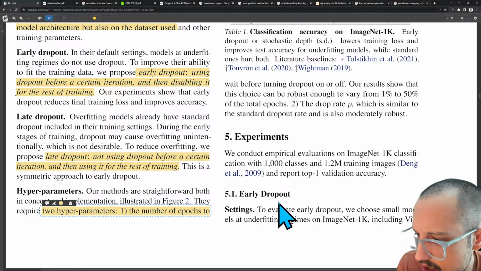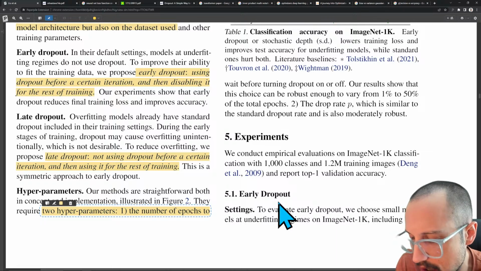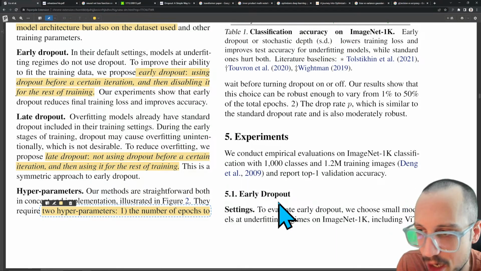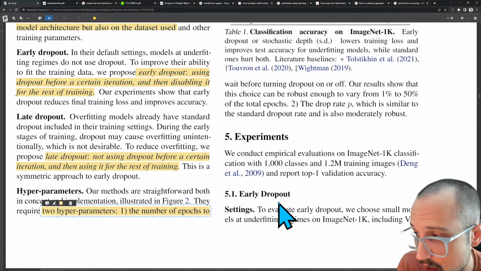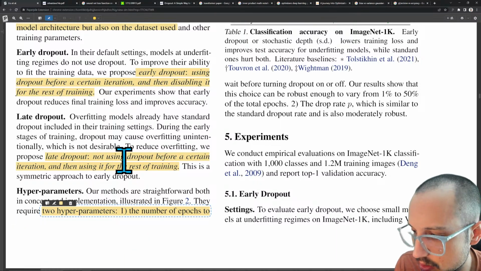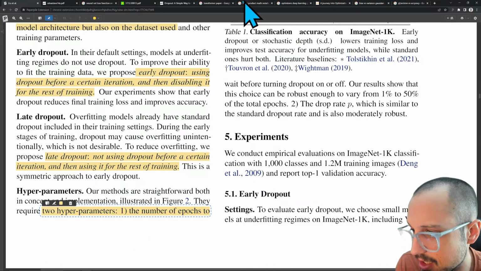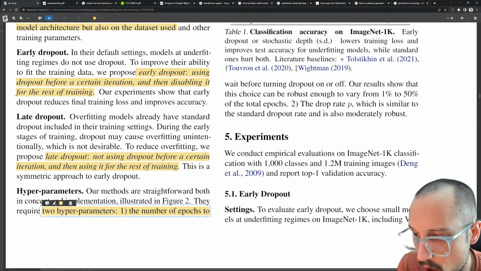In a learning rate schedule, you have to determine at what epoch, at what training iteration you're going to drop the learning rate, by how much, and what the curve for that is. That's just a bunch of extra hyperparameters that you need to sweep over, or tune, or find good values for. And if you're going to do dropout on a schedule, you're going to have to do the same thing again. You're going to have to figure out at what epoch you actually want to turn the dropout on or off.